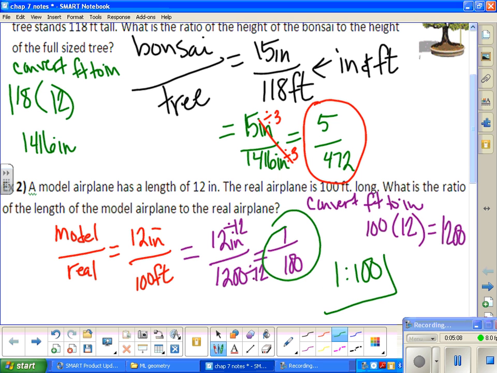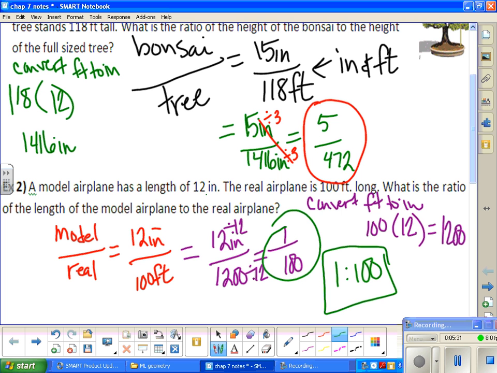Either way is correct. So in a sense, what this is telling me is that for every inch of the model airplane, there's 100 inches to the real airplane. Same thing up here for the tree. For every 5 inches of the bonsai, there's 472 inches for the full-size tree.